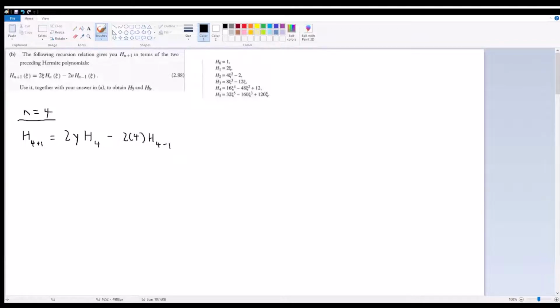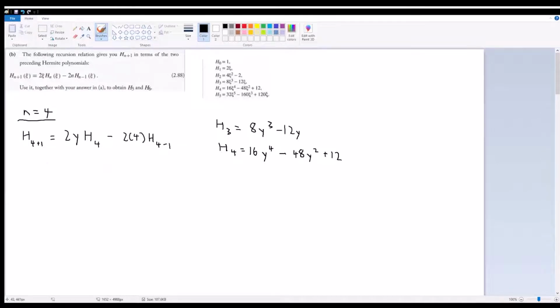And from previously, we have in part A that we know that h3 is equal to 8y cubed minus 12y, and we also know that h4 is equal to 16y to the fourth minus 48y squared plus 12.